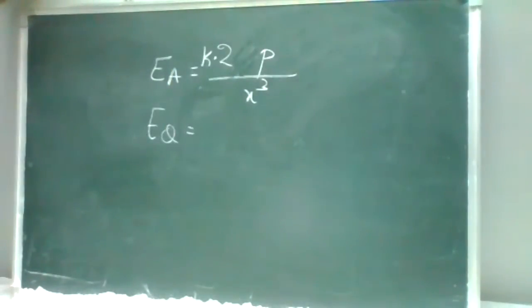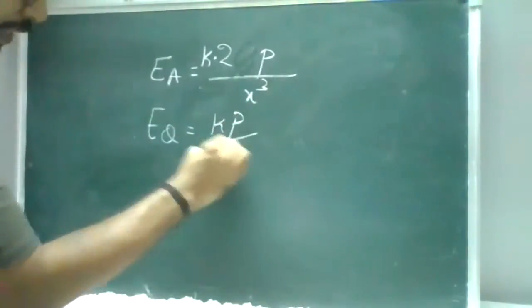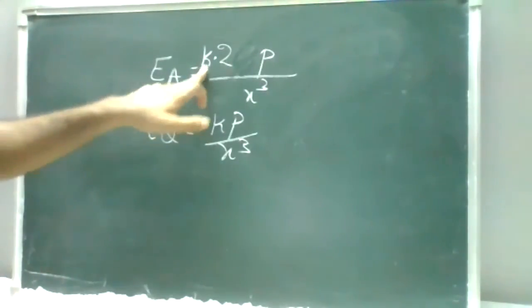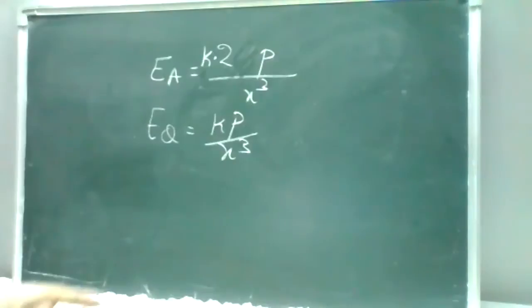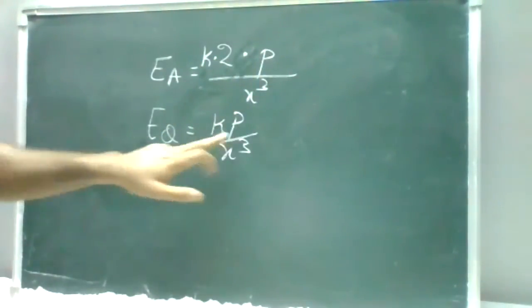And E equatorial is kp by x cube. The 2kp and k2p are the same, just a multiplication product. So E equatorial is kp by x cube. Correct?